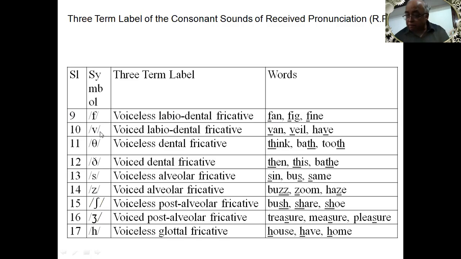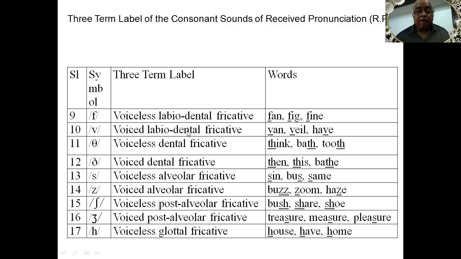Then we have this v, the voiced labiodental fricative. Voiced because the vocal cords are held loosely together. When the air passes through, there's a lot of vibration involved. It's labiodental because the lower lip and the upper teeth are involved in these two cases.